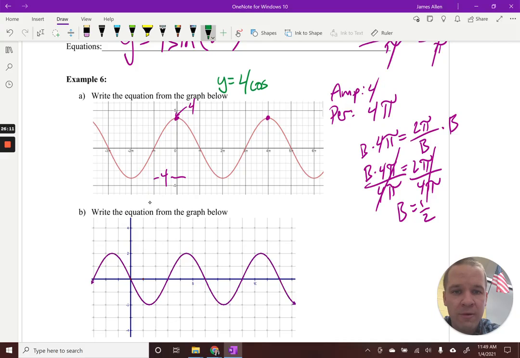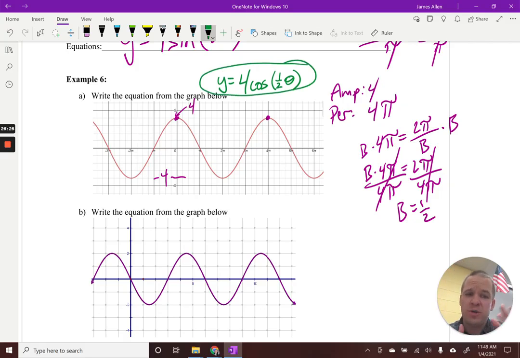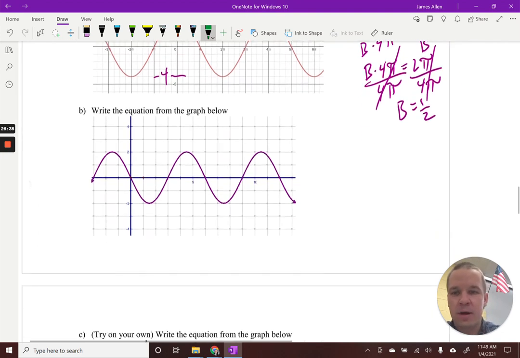And then it would be 1/2 theta or 1/2 x, whichever variable you want to use. Good to go. Wonderful. You could write this as a sine function, but you need to use a phase shift, which we haven't really dived into yet. I don't know if any of those were right. Okay, let's keep going here.